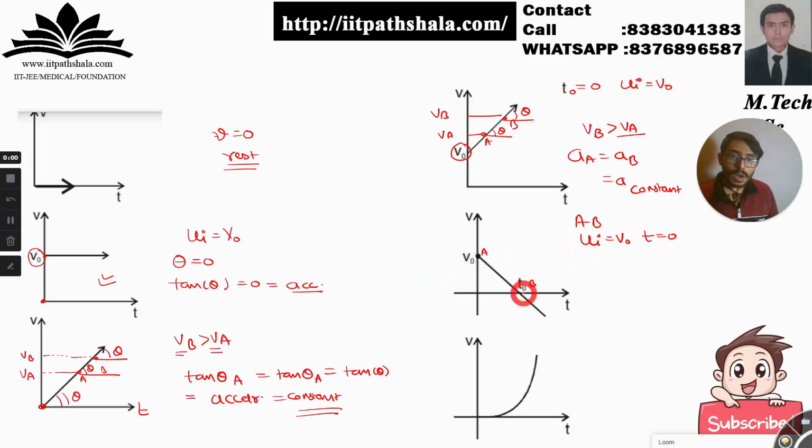Now, in the part AB, it is to be noted that my particle has less velocity when it is proceeding from A to B, because you have to just mark two points over here. Let us mark these points as point C and point D. As you can see, the velocity at point C is greater than the velocity at point D itself. So my particle is moving with a decreasing velocity from A to B.